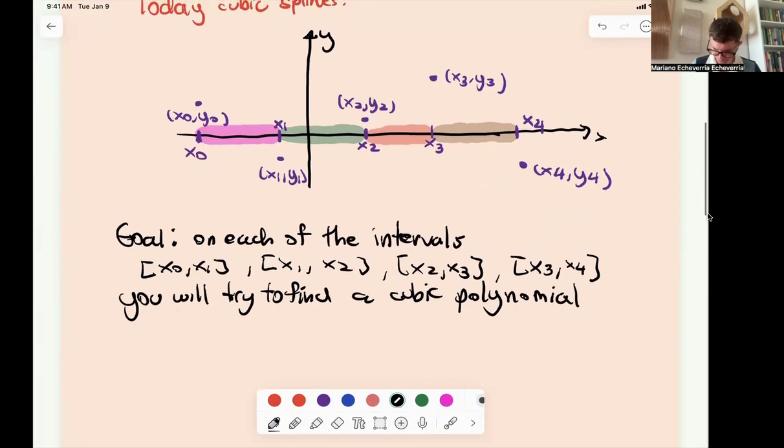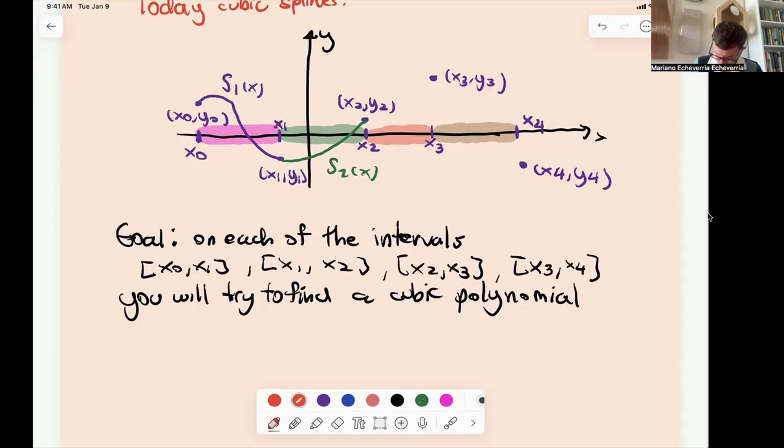Okay, so I'll call the cubic polynomials S for splines. Let's say maybe this is how the first one would look. I'll call this one S1 of x. Here's how the second one may look, S2 of x.